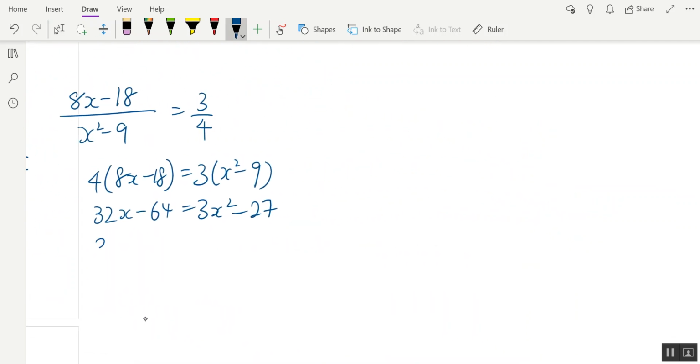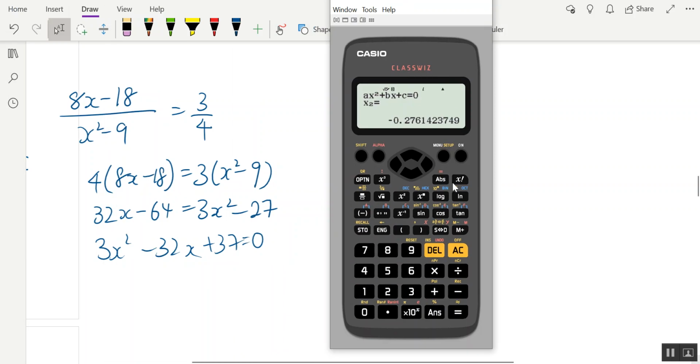That means 3x squared minus 32x plus 72 minus 27, which would be 45, equals 0. At this point is where you should go and use your mode 522 or mode 33. So this is 3, this is negative 32, this is 45, and you get an irrational number.